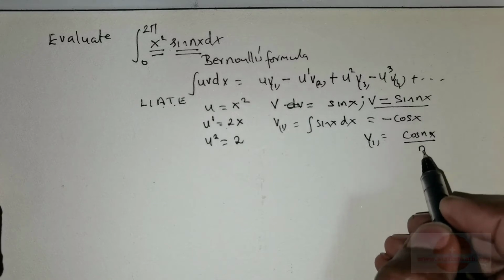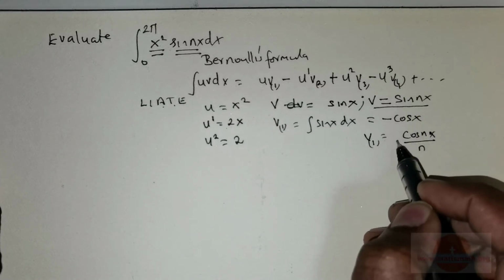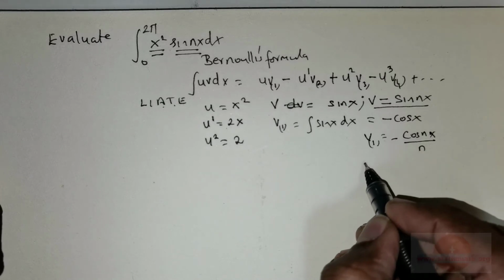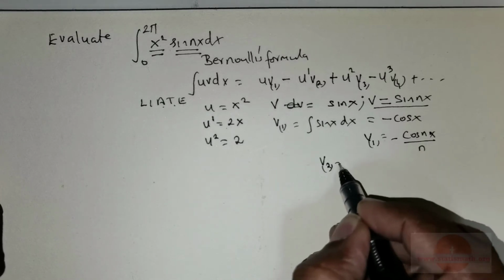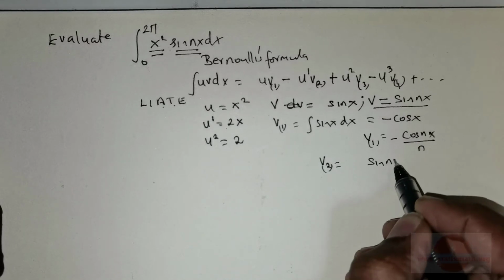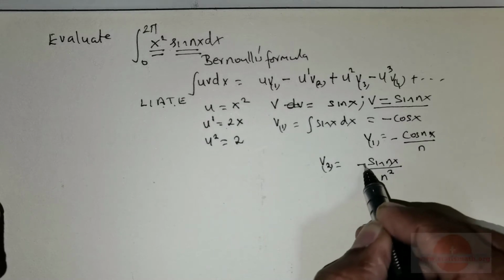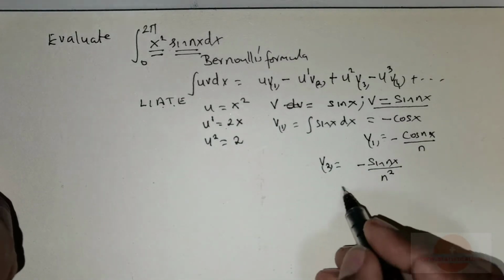The coefficient of x is n, so we divide by n, but the sign is going to be negative. Similarly v2 is the integration of cos nx, that's going to be sine nx divided by n. There is already an n there, so it's going to be n squared, and with a negative sign.